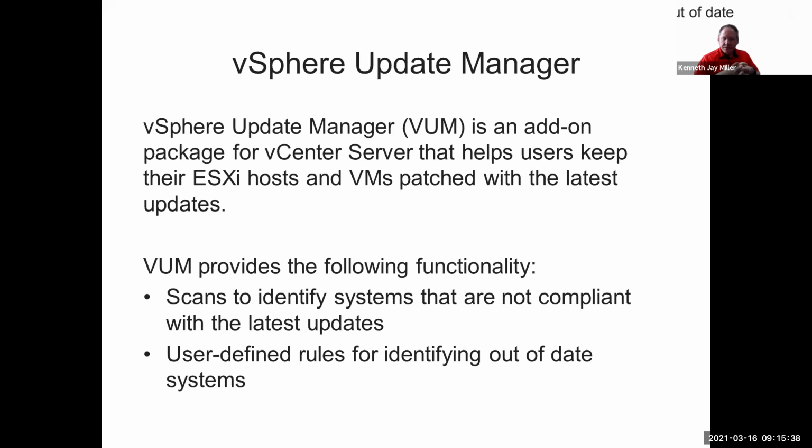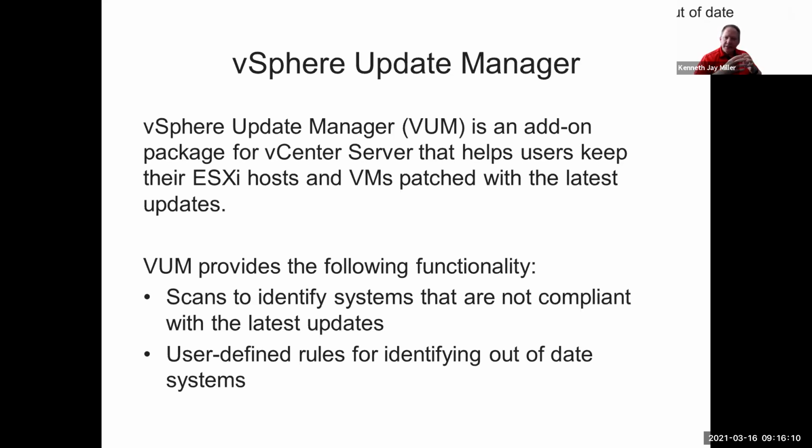So it's similar to the Microsoft Server Update Service, the WSUS, in that it will go out and find the updates for us. Now, all of this has to be licensed, right? So if we want updates from VMware, we have to have a current license on our ESXi to download those updates. And a trial license doesn't work for that.